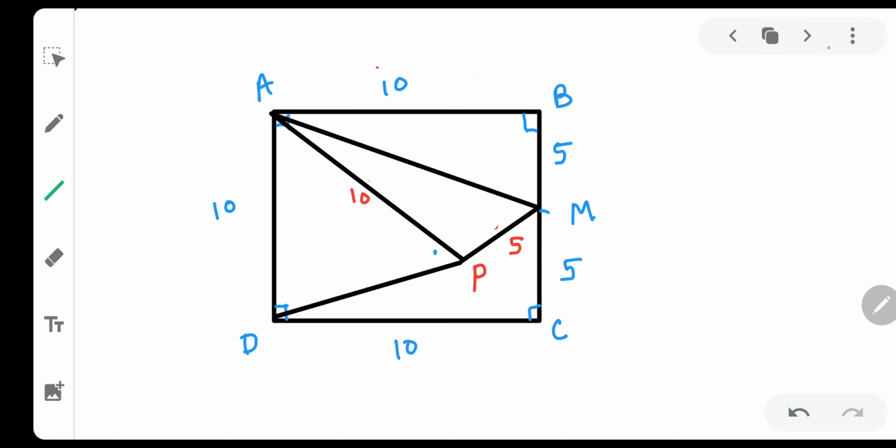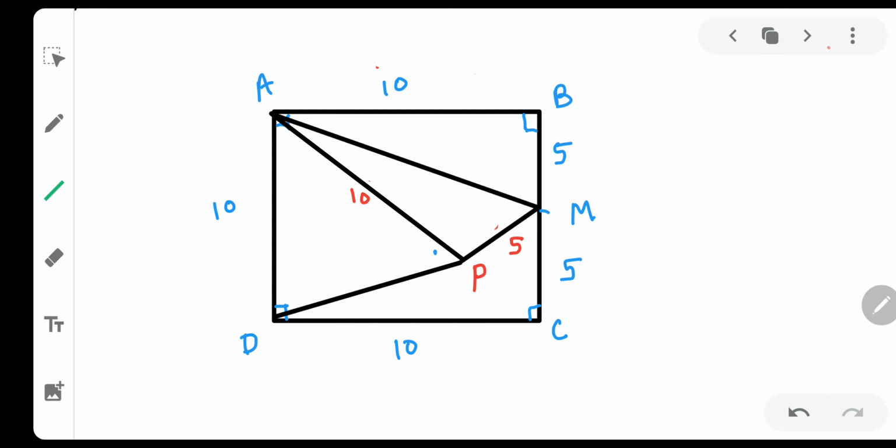Now I am not going to write down smaller steps. Just listen to my words very carefully. In triangle APM and in triangle ABM, you can see AB side is congruent to AP side, 10 10 each. MP side is congruent to MB side, 5 5 each, and AM is the common side. That means these two triangles are actually congruent.